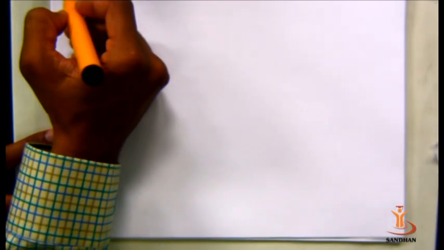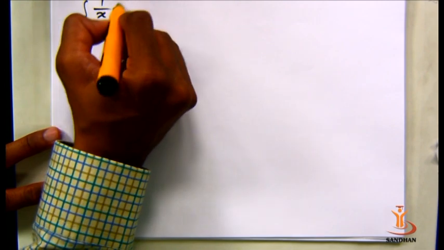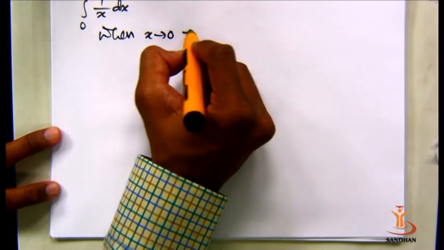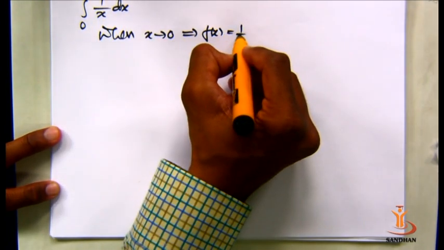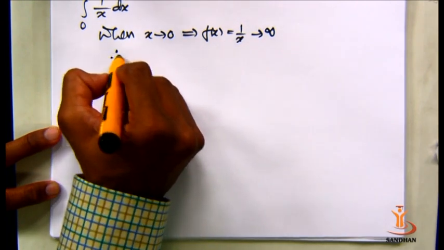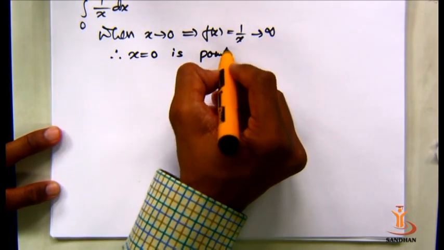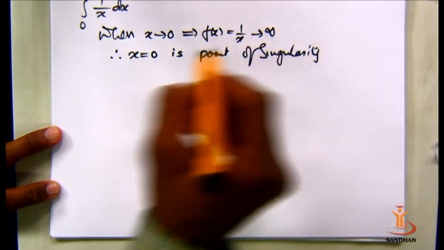Let us solve some examples of type 2 improper integrals. Integral from 0 to 1 of 1 upon x dx. When x tends to 0, if you put 0 in place of x, f(x) equals 1 upon x tends to infinite, which does mean x equals 0 is a point of singularity.